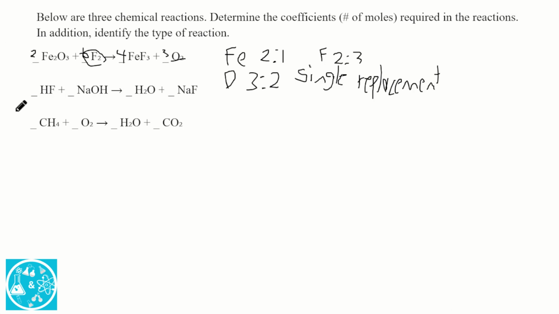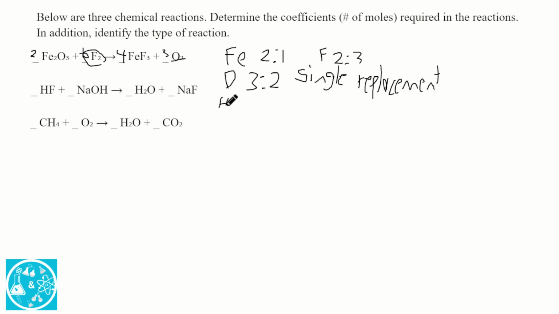So now we're going to move on and look at this next reaction. So we see that we have hydrogen fluoride reacts with sodium hydroxide to form water and sodium fluoride. So let's start up some ratios.